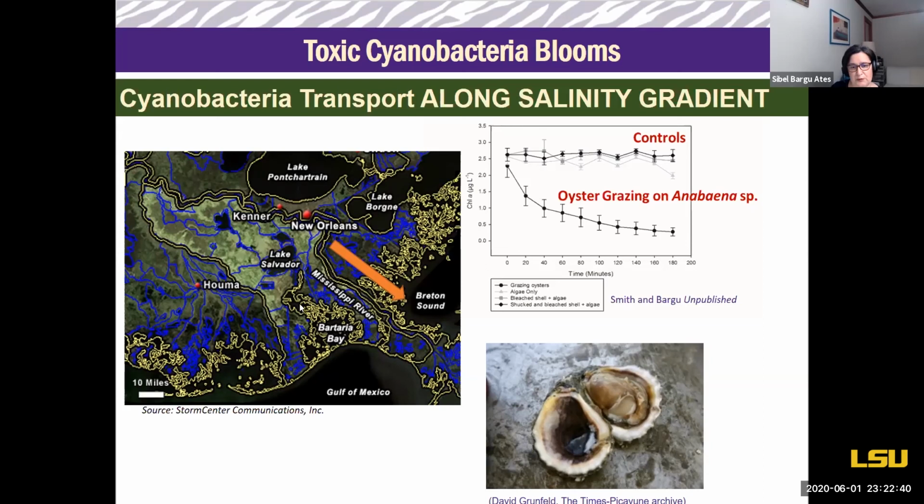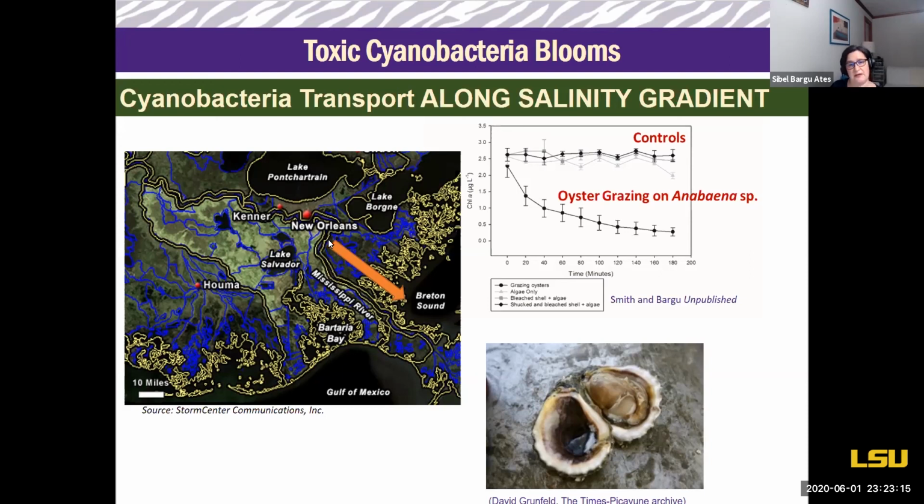This is an image from Louisiana coastal waters. This is the Breton Sound estuary, and this is the Mississippi River. During high flow conditions, river water can be diverted into these estuaries. When that happens, these freshwater systems in the upper estuary and the organisms living in this area can be pushed down the estuary where salinities are a little higher and the conditions not as optimum as the upper estuarine areas.